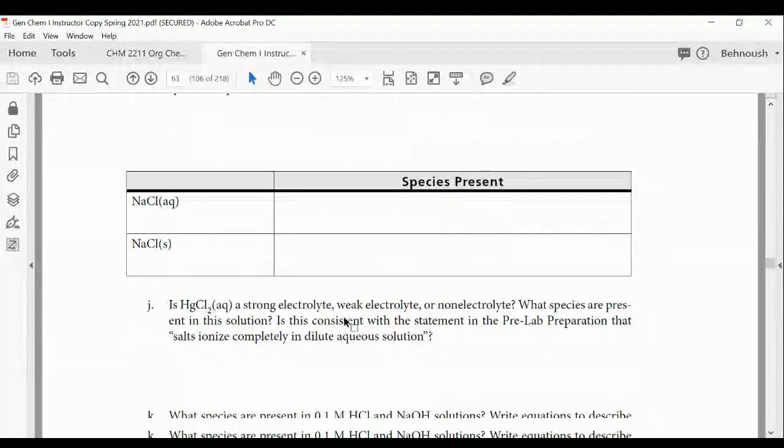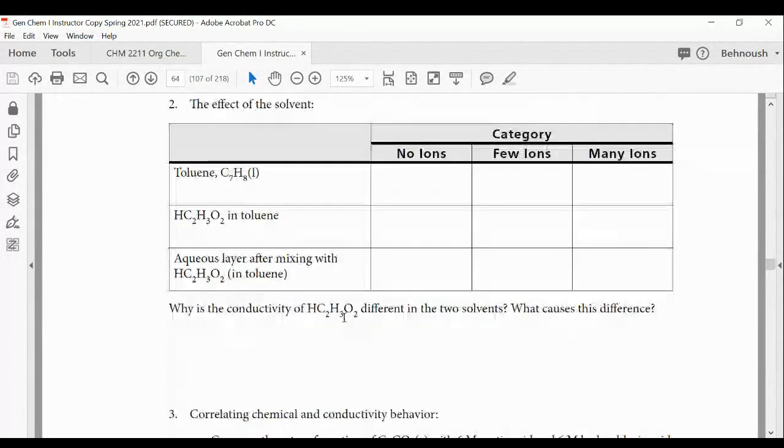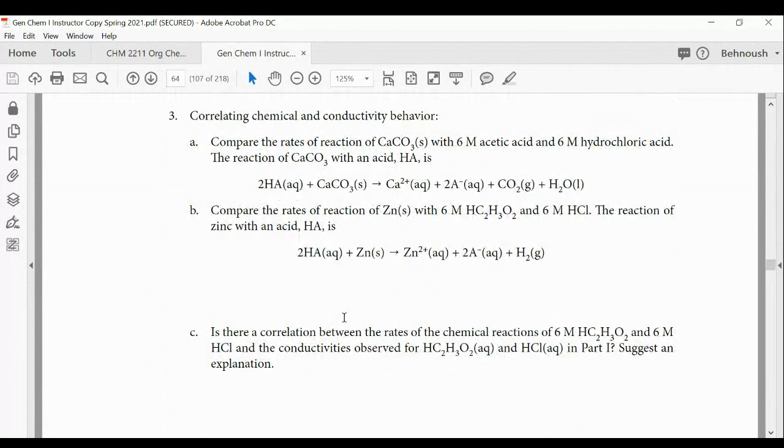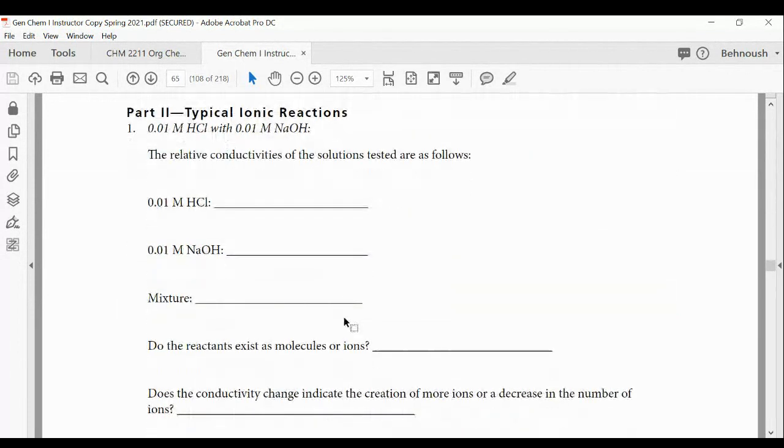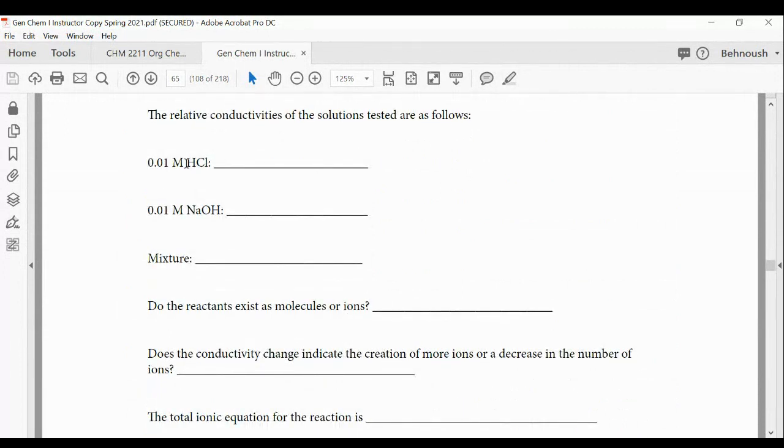Now the reactions. If you mix sodium hydroxide with HCl, what would be the products? It's an acid plus a base.